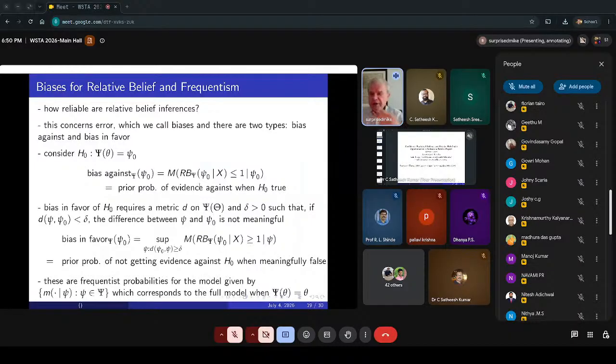What's the probability I don't get evidence in favor of the hypothesis when the hypothesis is true? We want that probability to be small. It's a probability of making an error. I call that bias against.